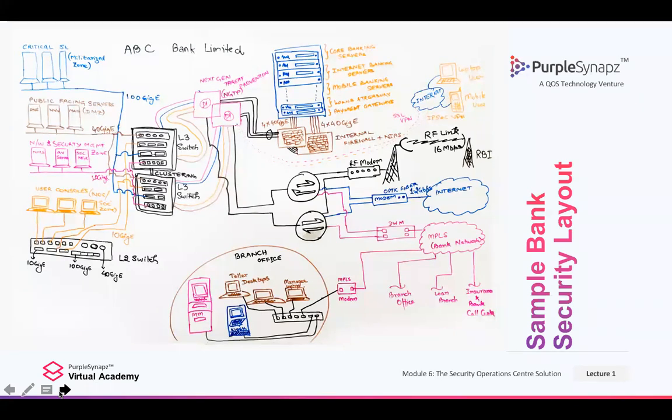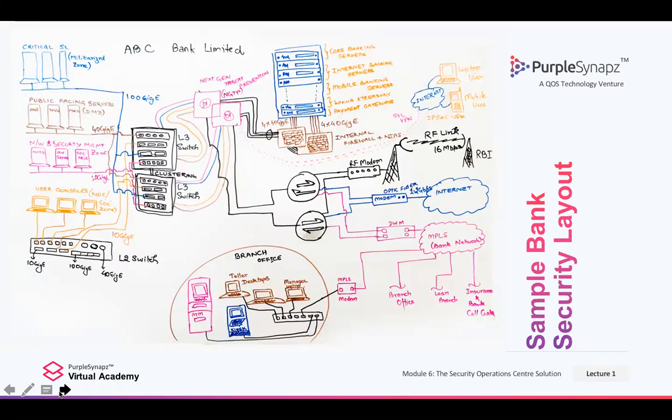The infrastructure has some critical servers connected on 100 gig fiber. Then there are some public facing servers like www, mail or DNS. They are on, let's say, 40 gig fibers.